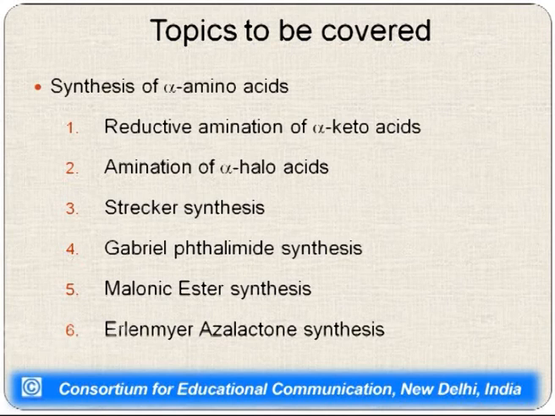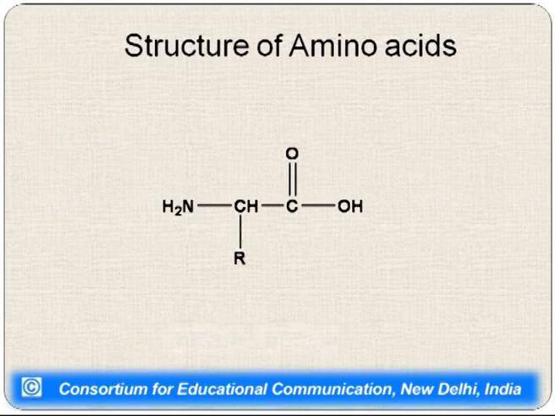So starting with the synthesis of amino acid, we should recall that the alpha amino acid which is present in the peptides and proteins has a general structure of this kind, NH2CHRCO2H or COOH, and in this structure we require an amino group or an amine group and a carboxylic acid group.